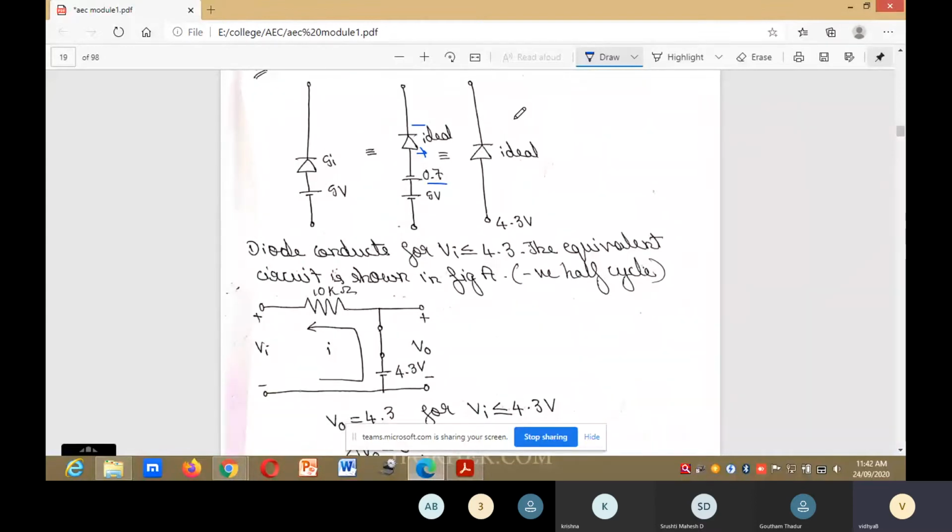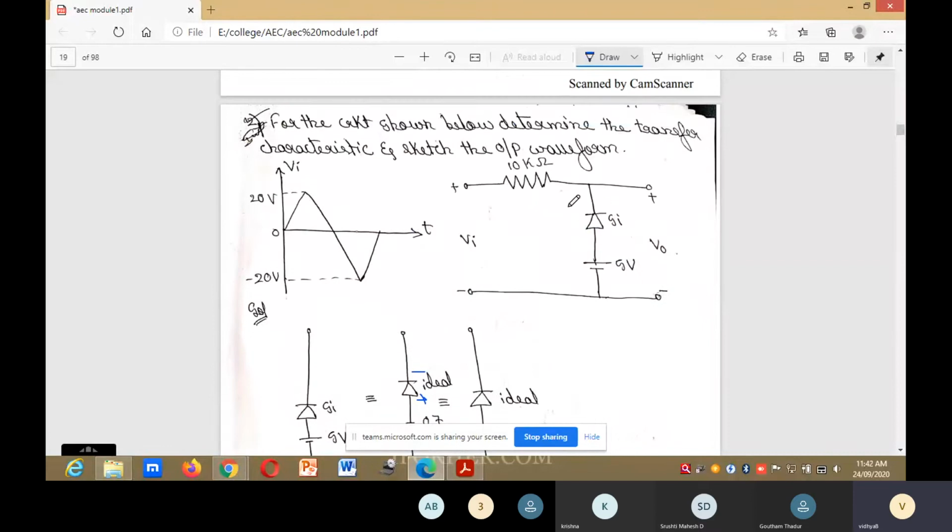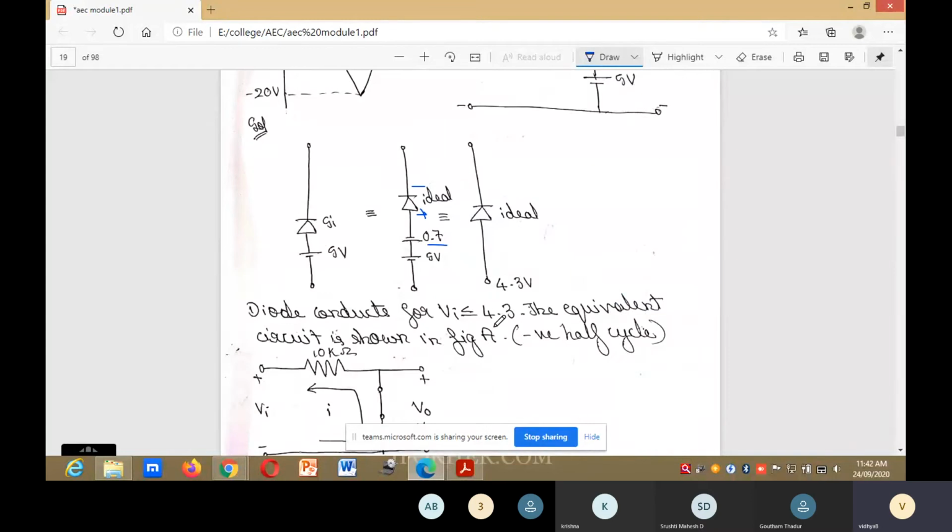The diode will conduct for Vi less than 4.3 voltage, because you will get negative first and next positive.